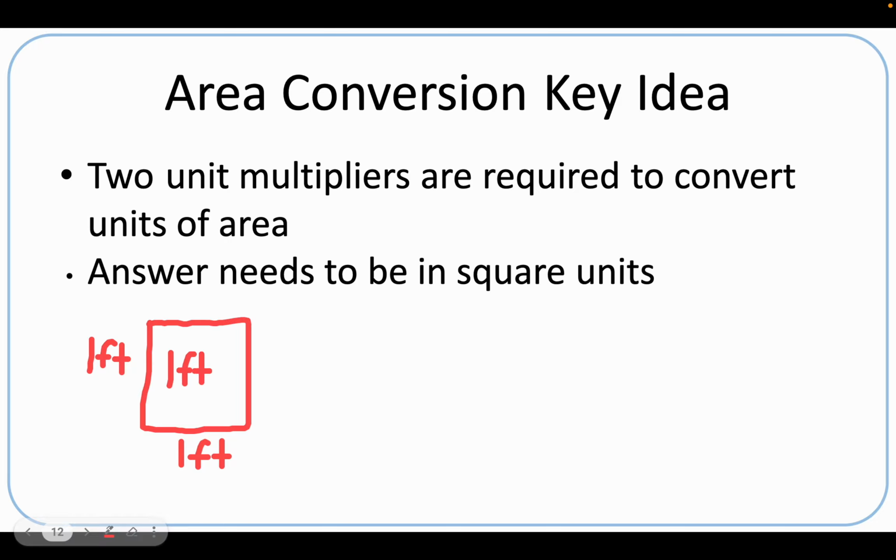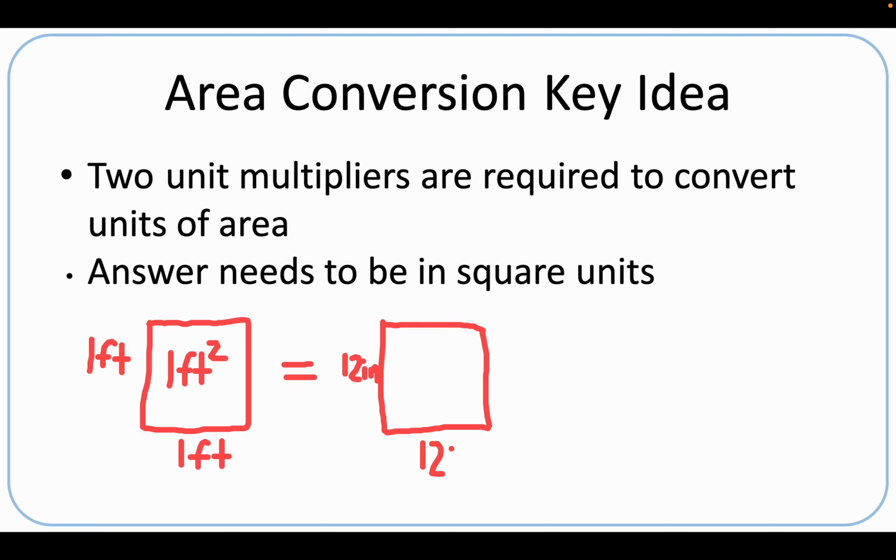1 square foot. Okay, but that is also equal to, if we wanted to say, well, what is the area of this square in inches? Well, the 1 foot is 12 inches, 12 inches on each side, all sides.